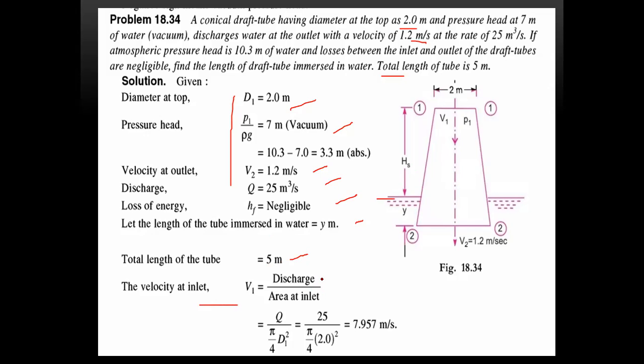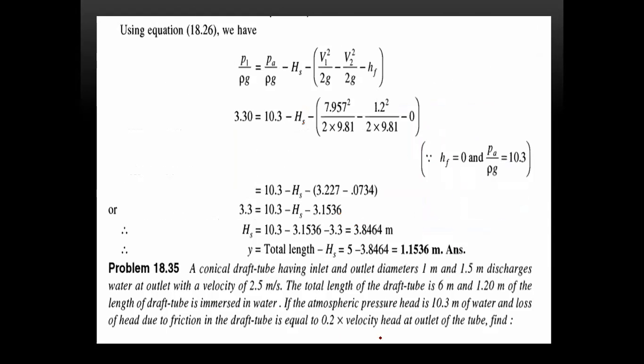The discharge is 25 divided by pi by 4 d square, that is equal to 7.98 meters per second. Now, taking Bernoulli's equation, P1 by rho g is equal to PA by rho g minus HS. So apply the values and substitute. Upon substituting, we get the HS value, the total length minus HS, that is at section 1-1.